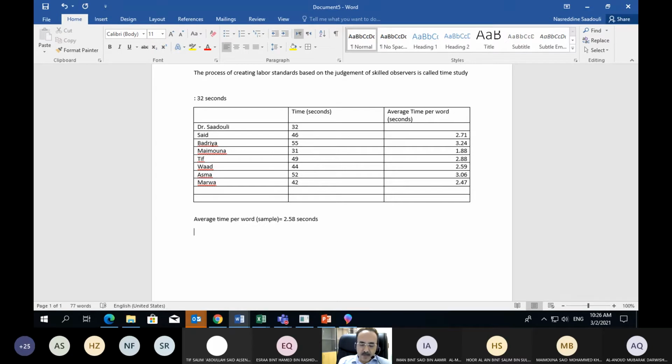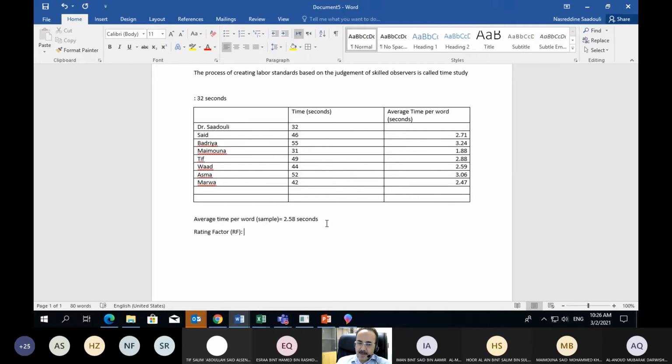And to do that, we have something called the rating factor. The rating factor, or the RF, is a factor essentially that we use to either increase the time or decrease it.